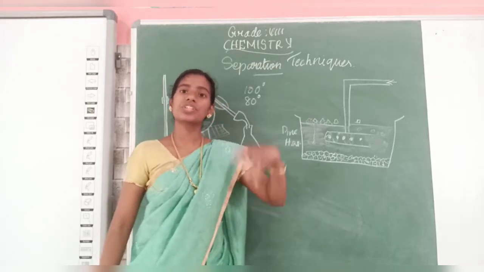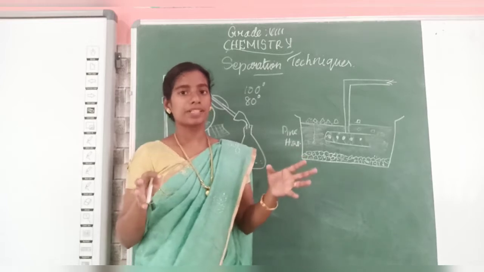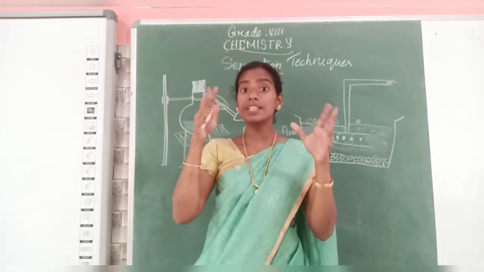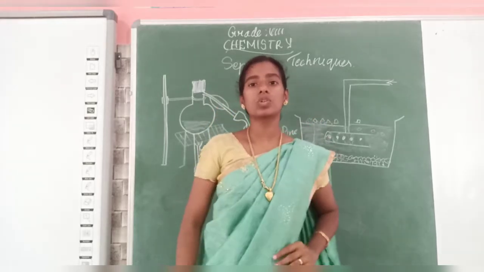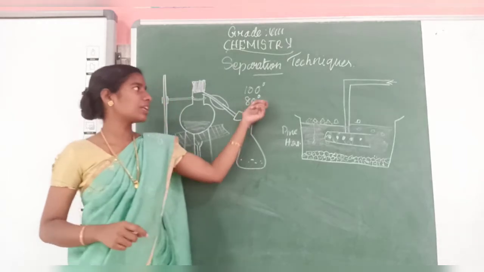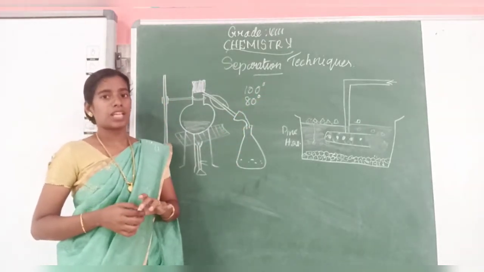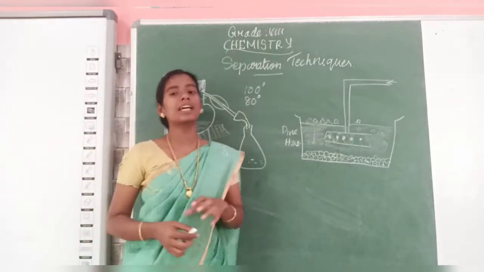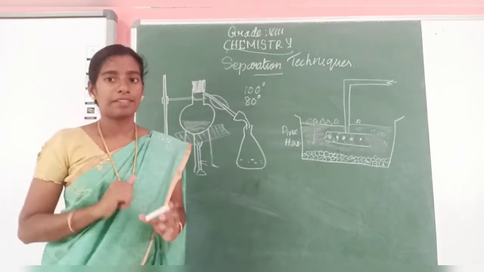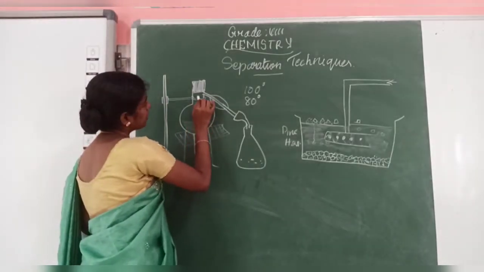You know that evaporation is nothing but changing from liquid to gaseous state when it attains a particular boiling point. So, will this boil first or will this boil first? We all know the liquid with the lower boiling point will boil first. It will start boiling and it will reach here.